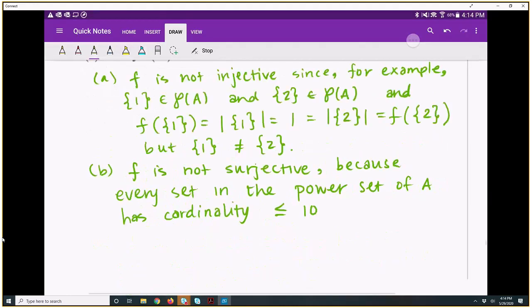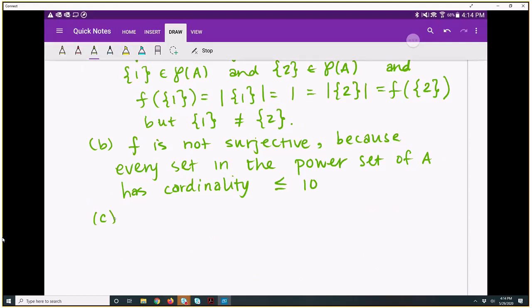Then we're asked to find f inverse of 1. I'm sorry, the preimage, the inverse image of 1. So the inverse image of 1 is going to be the set of all elements in the power set which map to 1, or the set of all elements in the power set that have cardinality 1.